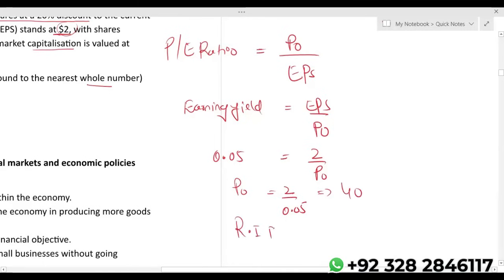The rights issue price is at a 20% discount. If the rights issue is issued at a 20% discount, it means the rights issue price is 32.